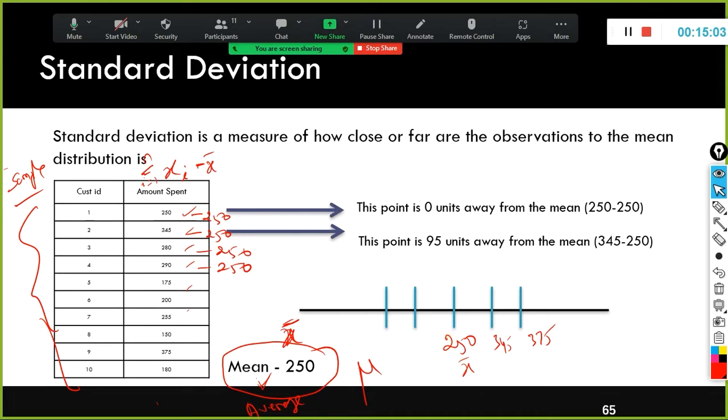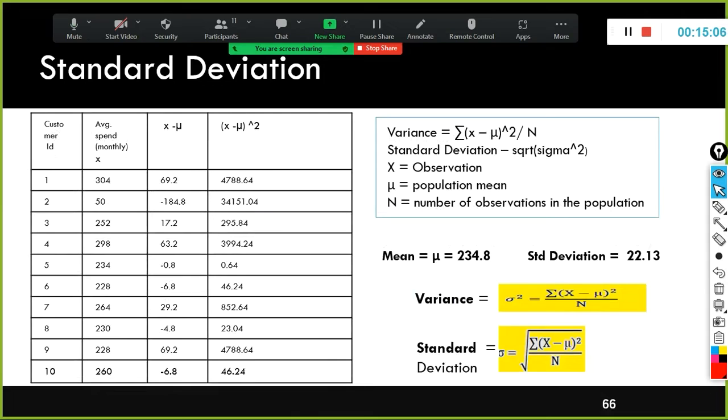The formula for finding the standard deviation is like this. In this case, I've used the notation mu, the population standard deviation, or you can use x bar for the sample. Take xi minus the mean value. You need to find the difference between the actual value and the mean for each and every value, and then divide that by your total number of samples.